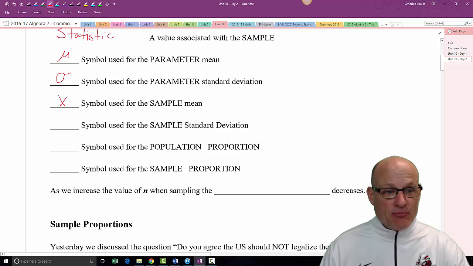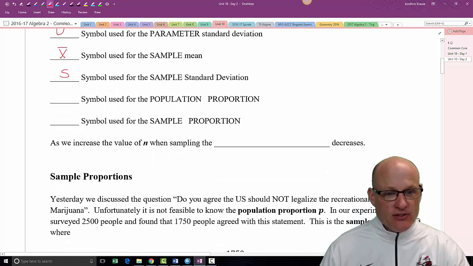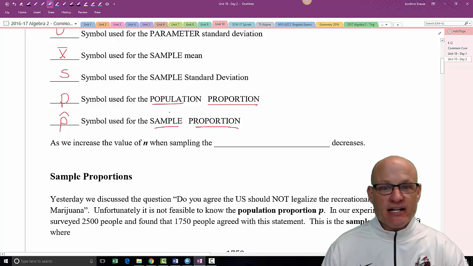Sample mean is x bar. Sample standard deviation is just a simple s. Symbol used for population proportion. Now, population proportion is simply just a p, but a sample proportion is my p hat. That's what we're going to be using for sample proportion, p hat.